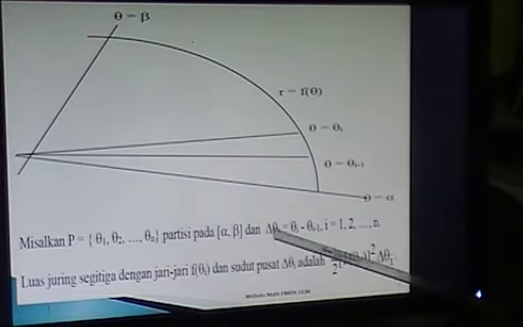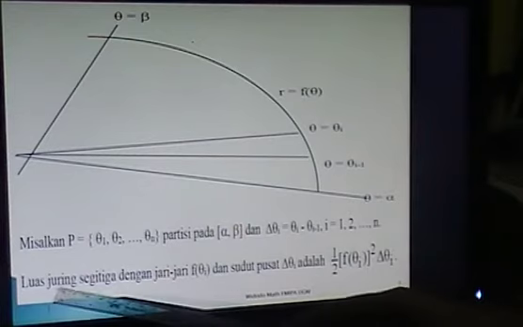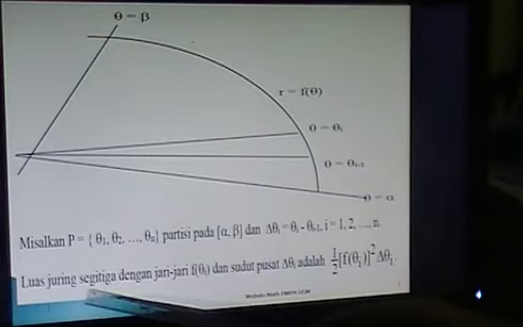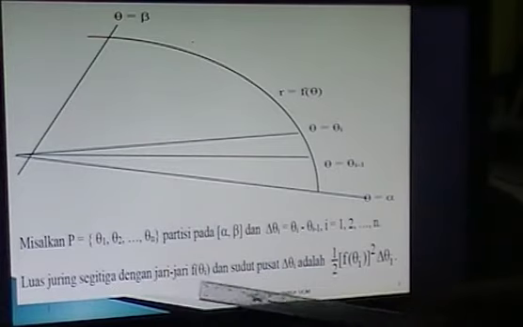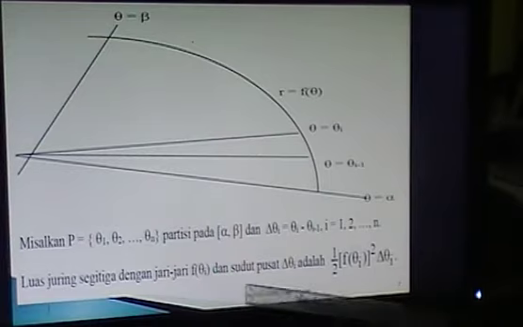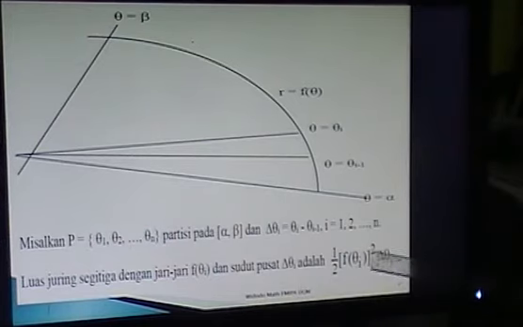The angle theta i minus theta i minus 1 is called delta theta i, and the area of the sector with radius f theta i and central angle delta theta i is equal to 1/2 f theta i square times delta theta i.